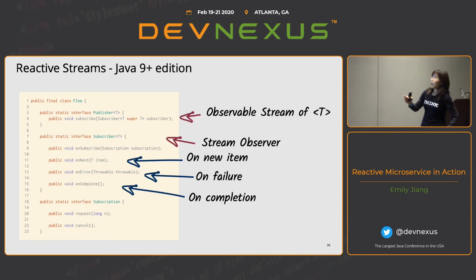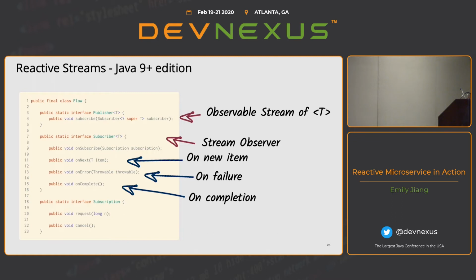Let's have a look at these APIs. The Publisher has a subscribe method, so a Subscriber can subscribe to a Publisher, and the Subscriber gets onSubscribe with the Subscription passed in. It also has onNext, which is a callback: when the publisher has a message, it will call onNext. Then there's onError: if something goes wrong, the publisher will call onError. And onComplete is called if there are no more messages on the stream.